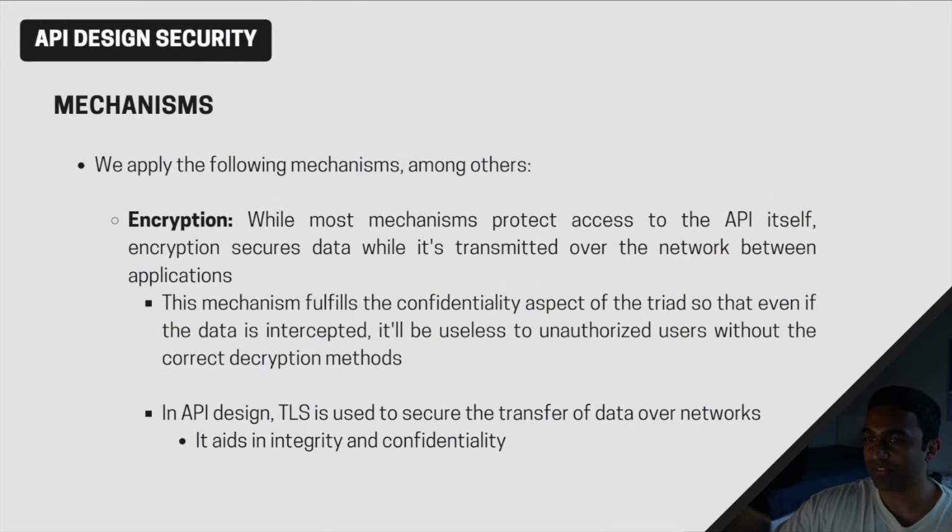This mechanism fulfills the confidentiality aspect of the triad so that even if the data is intercepted, it'll be useless to unauthorized users without the correct decryption methods. In API design, TLS is used to secure the transfer of data over networks. It aids in integrity and confidentiality.